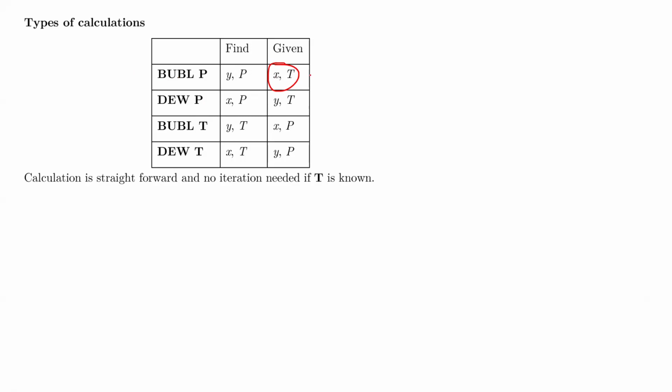Bubble pressure means the pressure at which the first bubble will arise. Means the boiling point we are finding, okay? Means I know there is a liquid, and I have made a liquid solution with some concentration of, say, benzene and toluene.